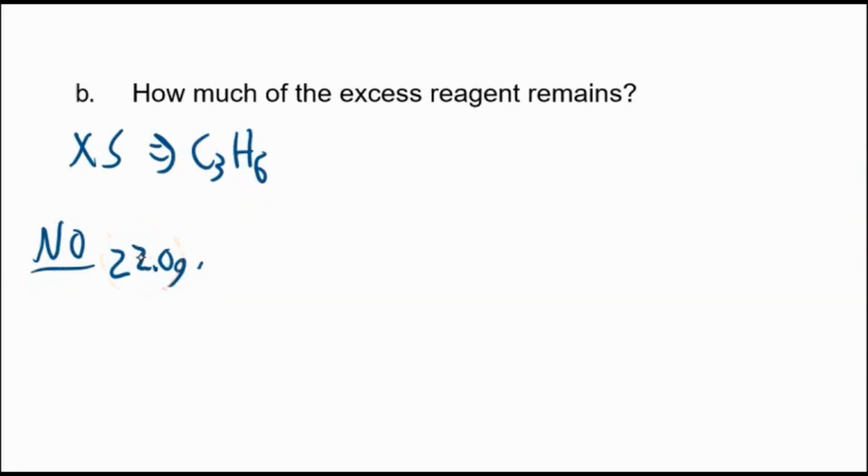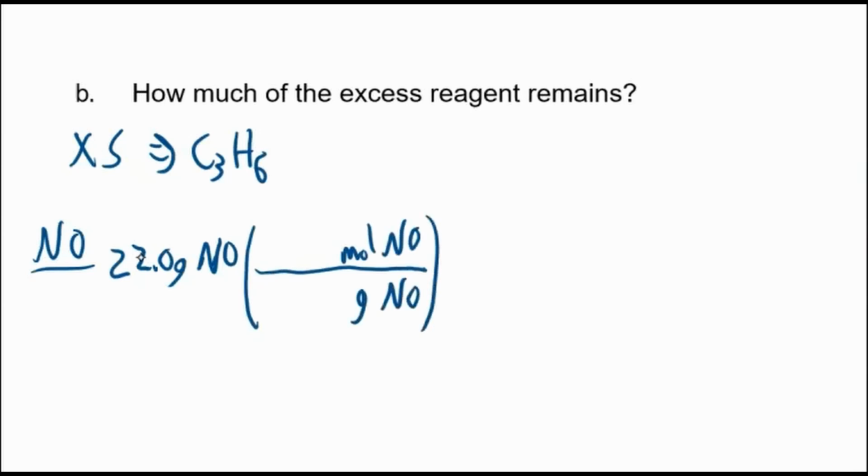So these are grams of NO, and we've got to go to moles of NO. So we'll write the units first, moles of NO, and we want grams of NO to cancel out. For every 1 mole of NO, we look at the periodic table, it weighs 30.0061 grams. So our grams of NO cancel out. And we want to get to moles of C3H6.